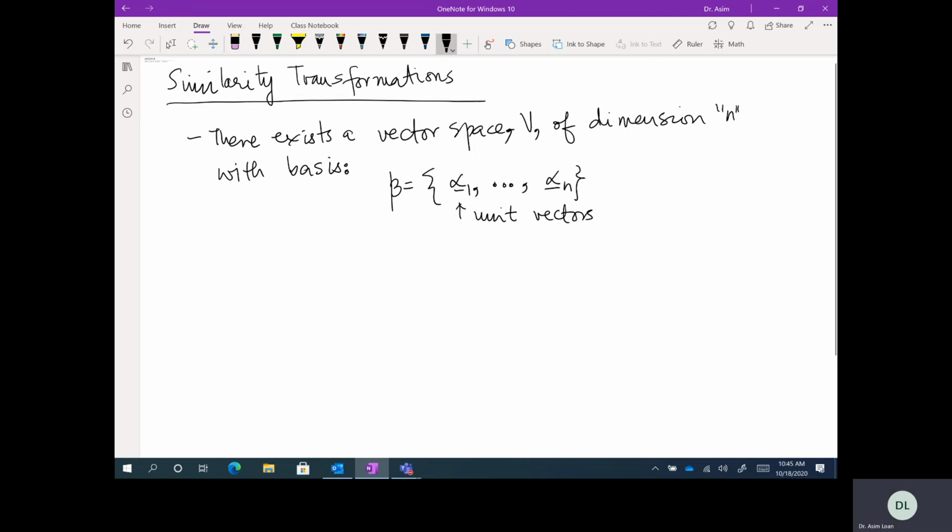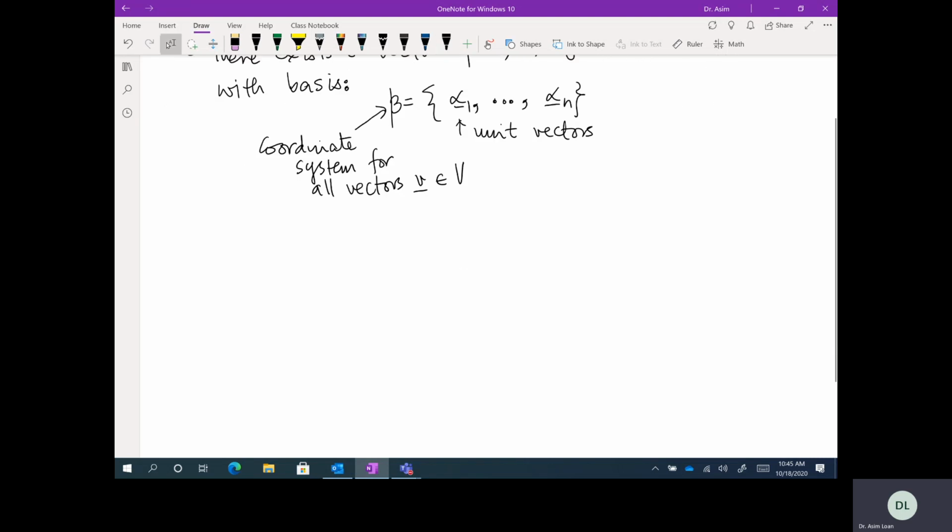And this is the coordinate system. In simple words, this is the coordinate system for the vector space for all vectors V belonging to the vector space.